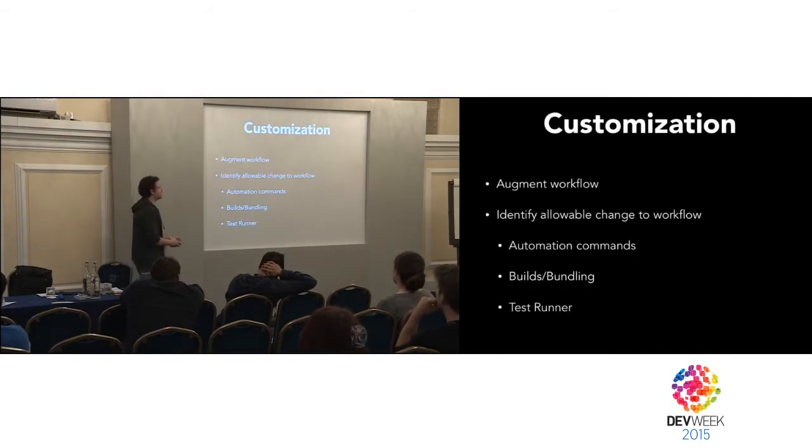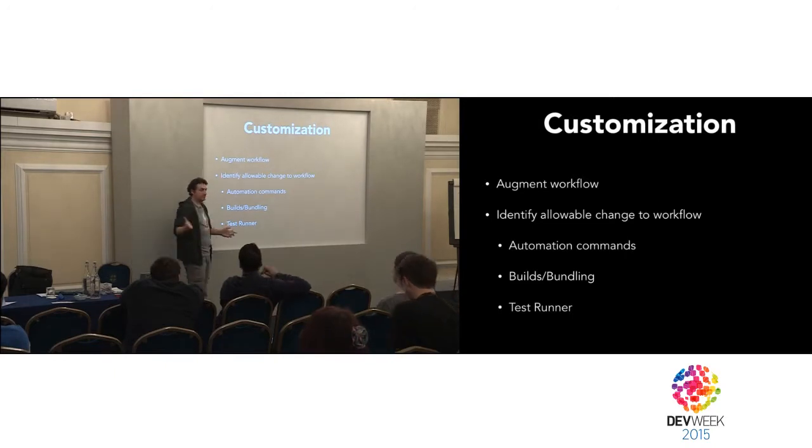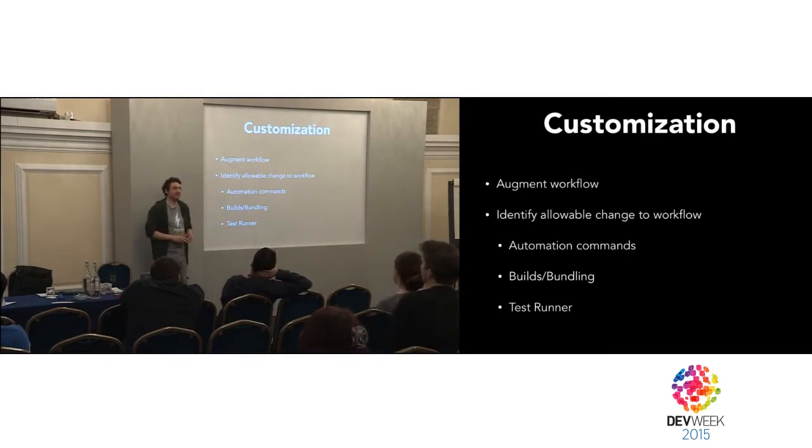And customization. I said you need to support change. That's obviously really important, and completely tying yourself to a certain way of writing code is obviously a problem. That's why the tooling that we're seeing at the minute, and tooling forever, had this idea of plugins. You need to be able to identify the things that change, both in your application architecture, but also in your tooling, and be able to change those things.